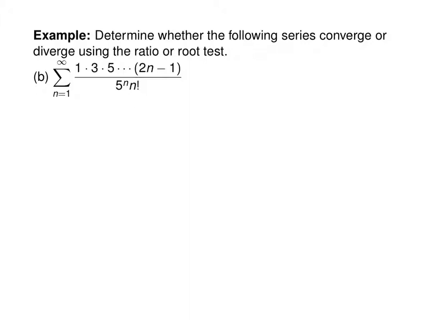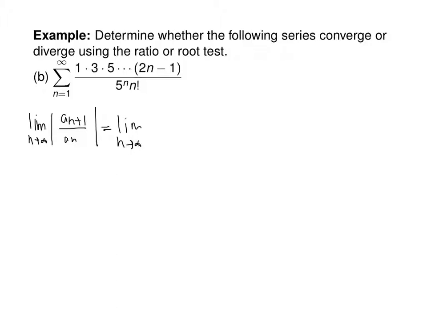Next, let's do a ratio test. The ratio test works very well when you have factorials and exponentials. So here we find the limit as n goes to infinity of a_(n+1) over a_n. And once again, the absolute value bars are not necessary this time because I don't have any negativity going on.